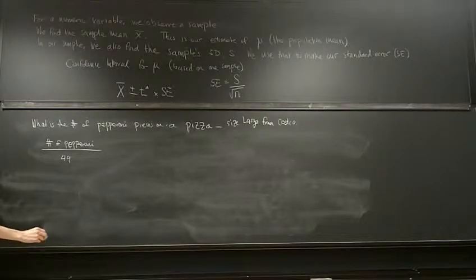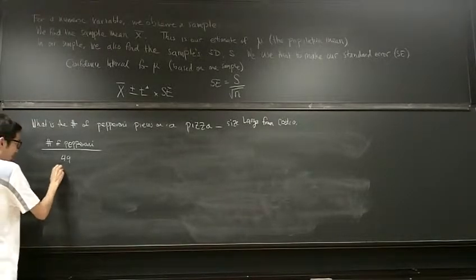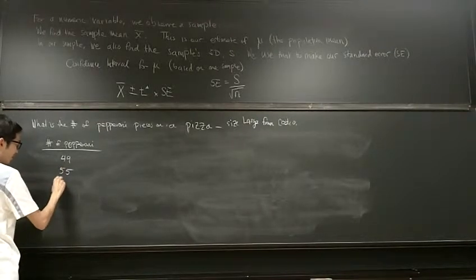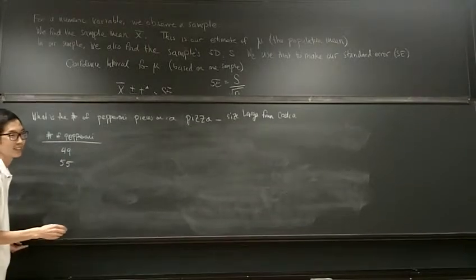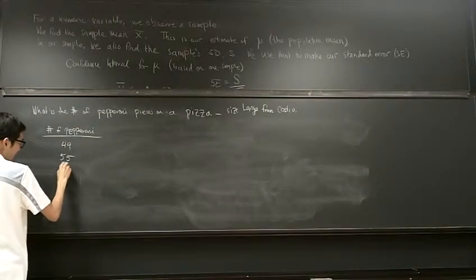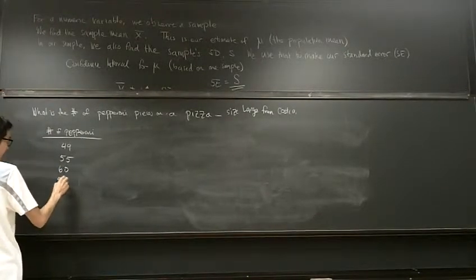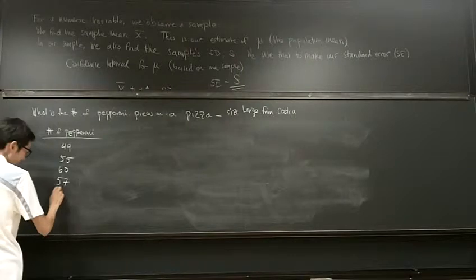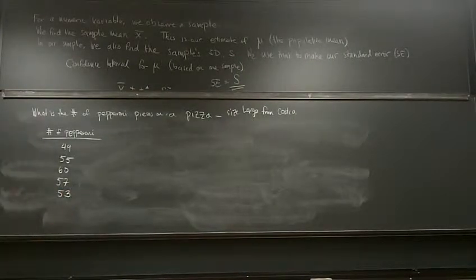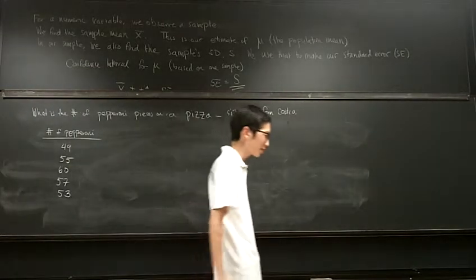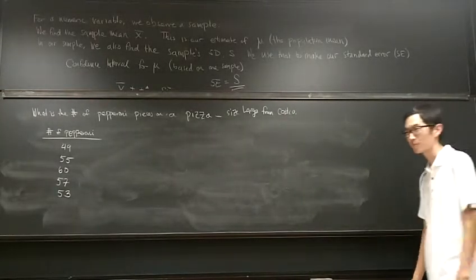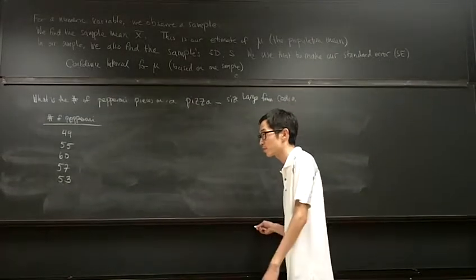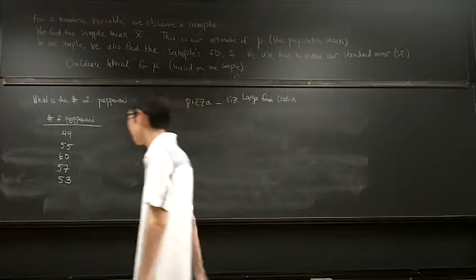On another one there's 55, and on another one, we'll say 60, and 57, and 53. So here I've looked at 5 pizzas from Costco, and I counted up the number of pepperoni pieces on their pizzas.